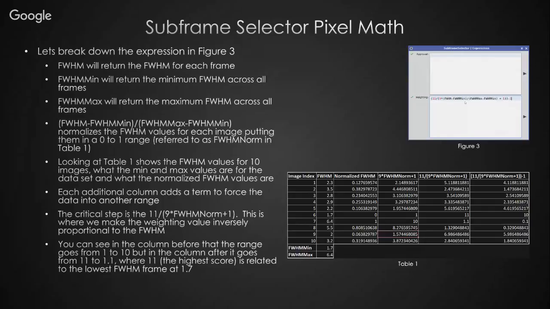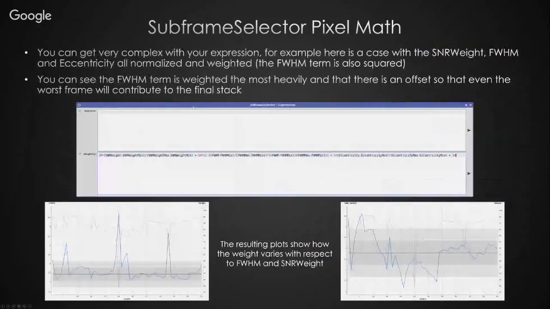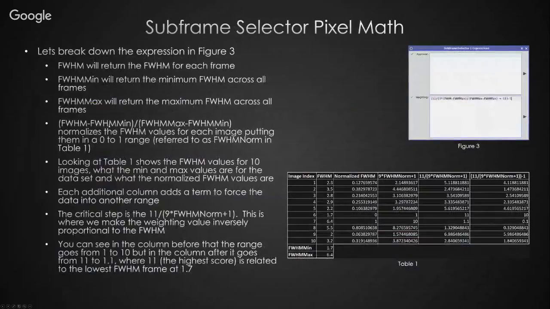Effectively, what I'm doing is taking the range of values that the full width half maximum varies by, and that's the denominator, the bottom component here. I am essentially adjusting it. So I'm subtracting the minimum from each, so the lowest value is set to 0, and then dividing it by the range. What this guarantees is that whatever full width half maximum value I'm measuring will always be in a 0 to 1 range, right? So this is normalizing.